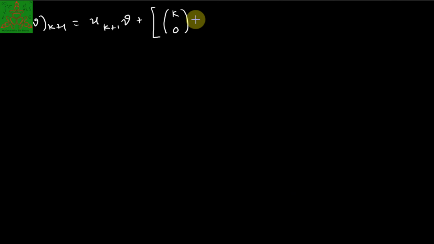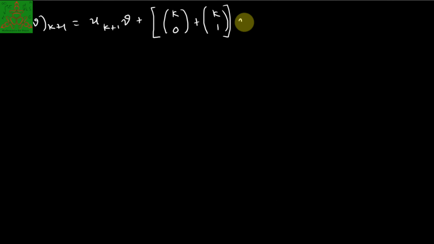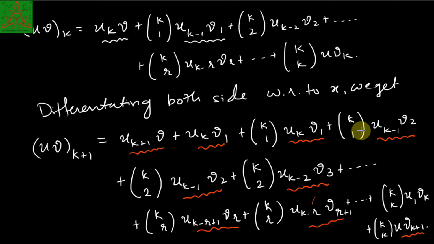So kc0 plus kc1, that kc1 is this one, uk v1, plus a next term that you can observe, that is kc1 plus kc2 and uk minus 1 v2.